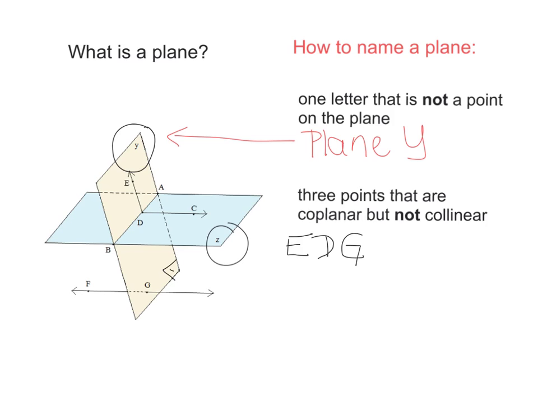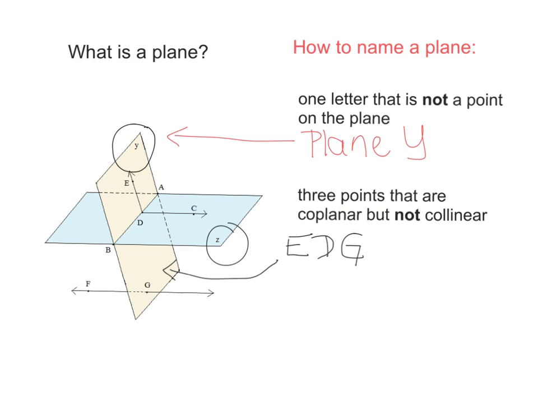And again, that would be in reference to the beige plane. Now, if you look, points E and D are collinear. However, the third point, G, does not lie on the same line or line segment, or in this case, ray, that E and D lie on. So I can draw a line through E and D. However, G is not on that line. We can name that plane that way.